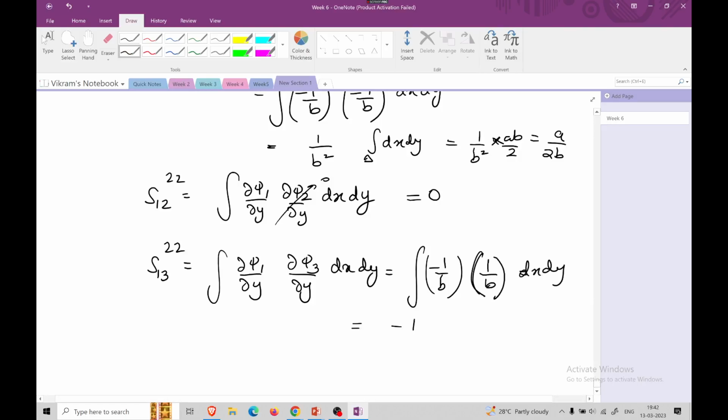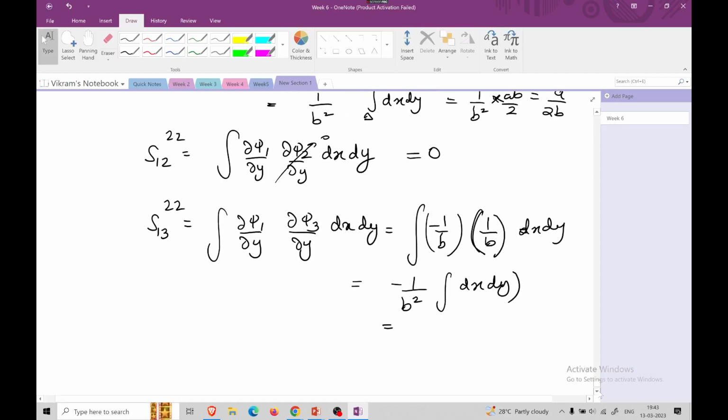So this will be minus 1 by b square into dx dy. So this will be minus 1 by b square into ab by 2. So this will be minus a by 2b. Okay.